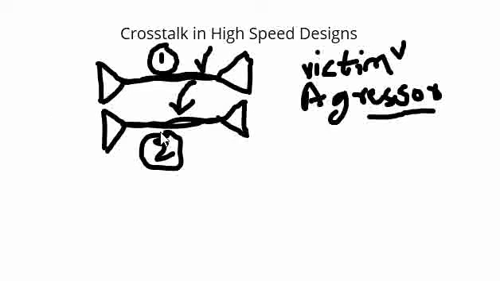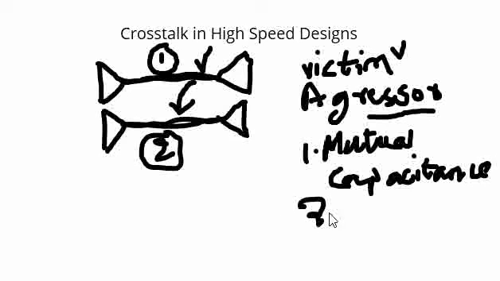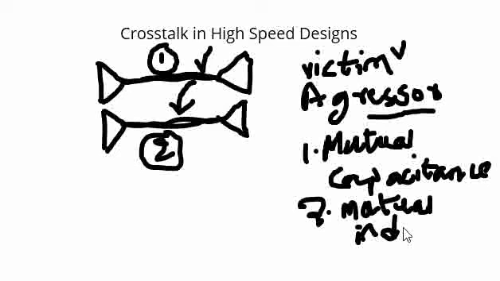Now, this crosstalk between the two traces happens due to two scenarios. One is mutual capacitance, and the second one is mutual inductance.